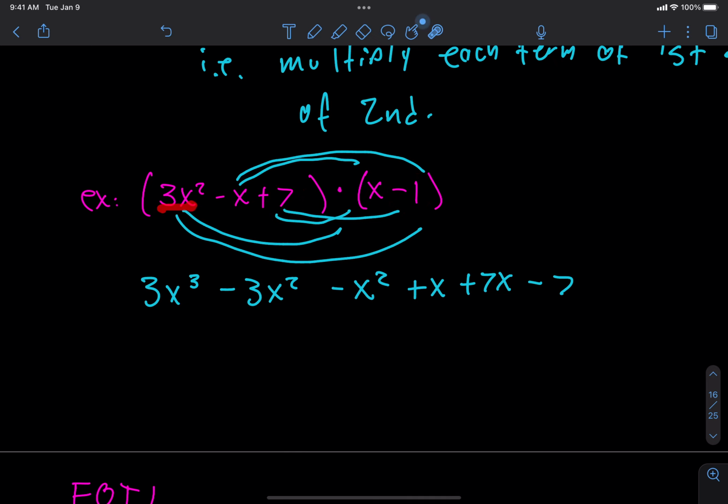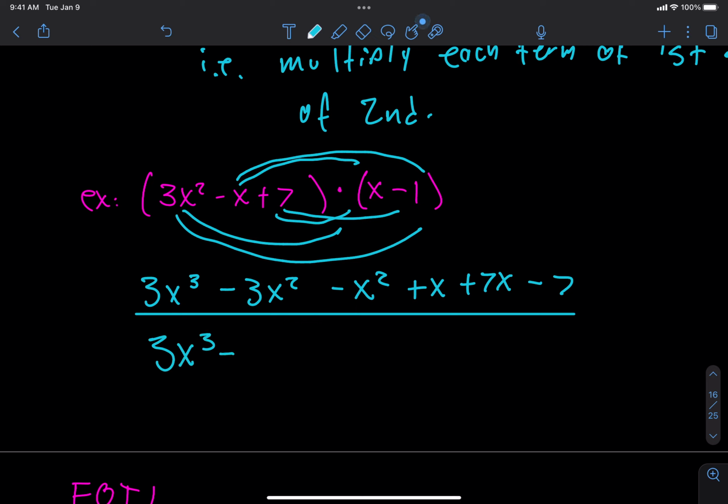Every term of the first guy needs to be multiplied by both of the terms in the second guy. And now we're left with a bunch of terms, so what do we have to do to finish this off? Combine like terms. 3x cubed minus 4x squared plus 8x minus 7.